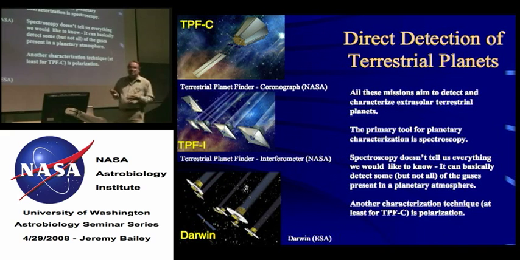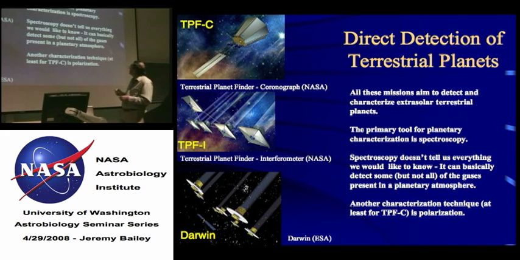It's actually TPF-C and similar instruments that are most interesting for what I'm going to talk about here, because it's only TPF-C that is looking at starlight reflected off the planet, and that's where we get the polarization effects. All of these missions aim to detect and characterize extrasolar terrestrial planets, and the primary tool for planetary characterization has usually been spectroscopy in most of these proposals.